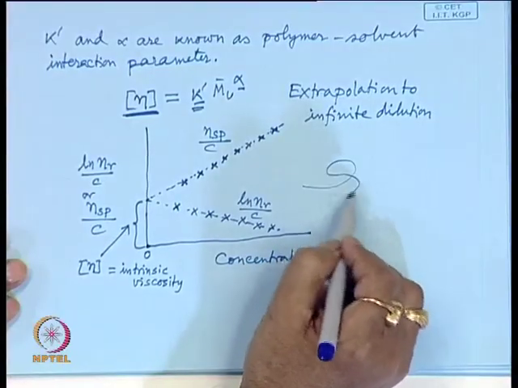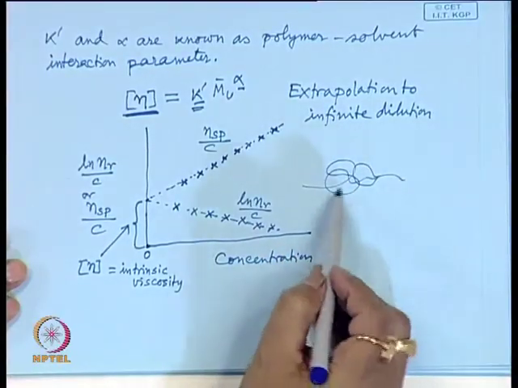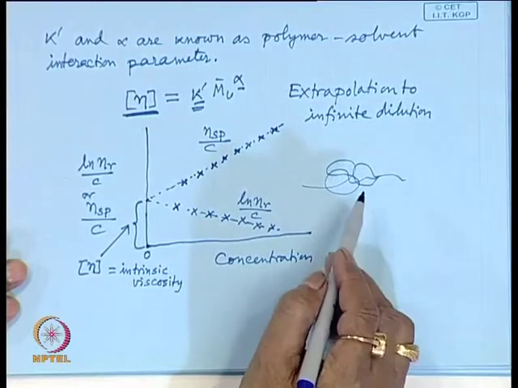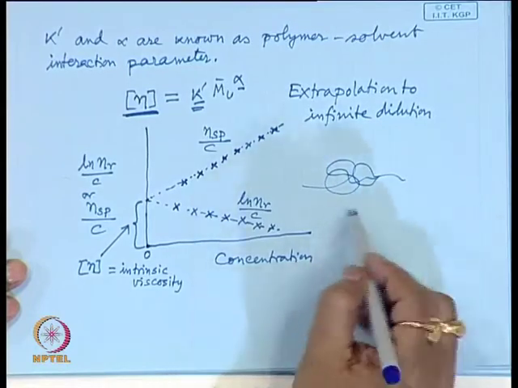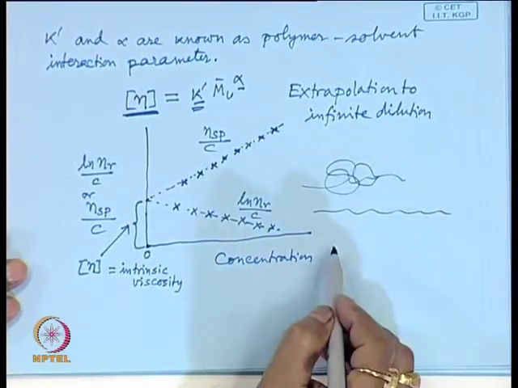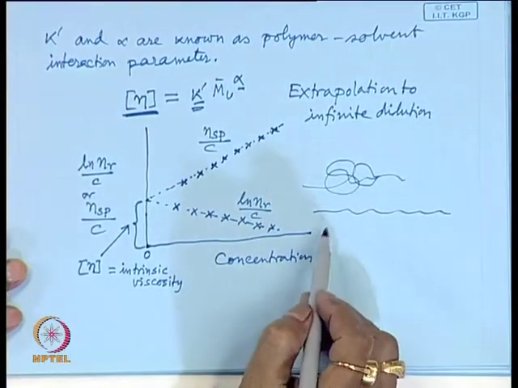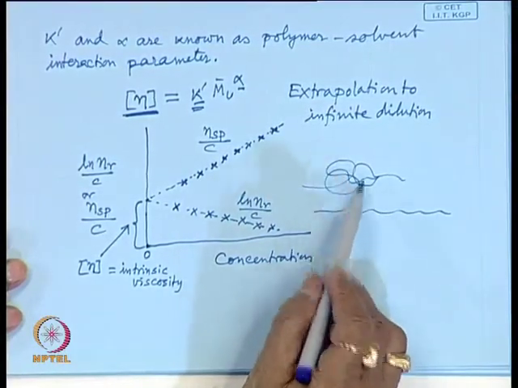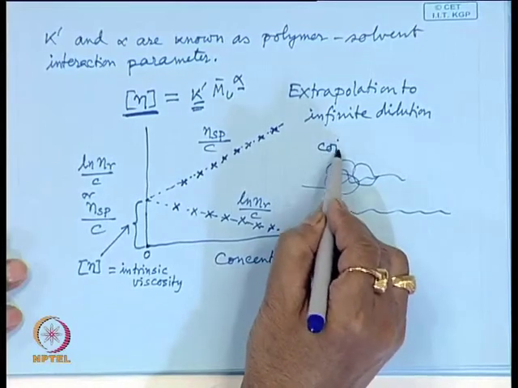If the concentration is higher, there will be more interaction between polymer molecules, because the configuration of polymers in a solution remains folded and curled. It is not that a linear molecule remains straight; that is actually called coiled configuration.